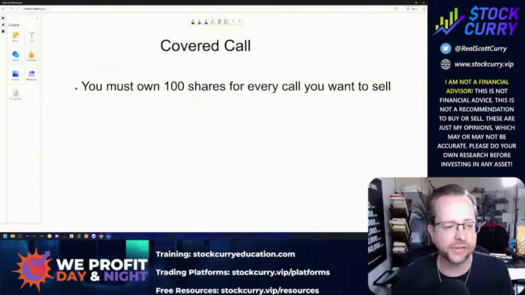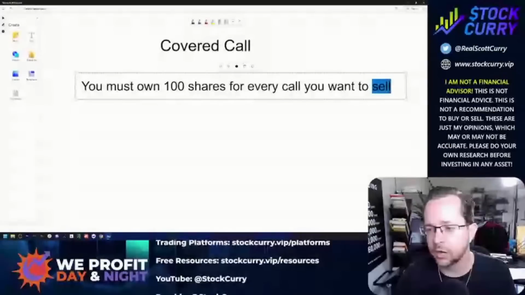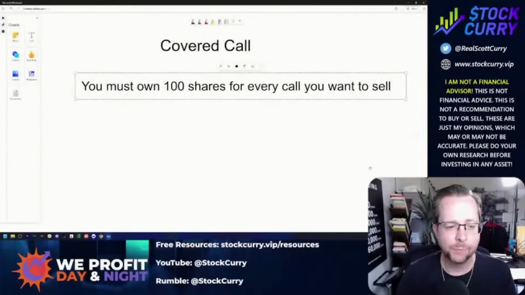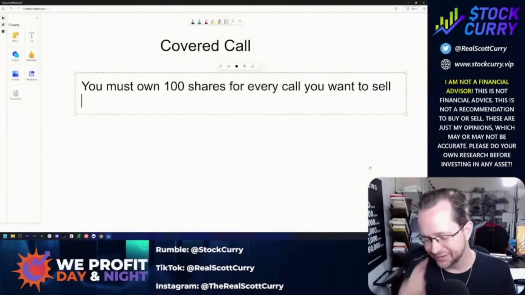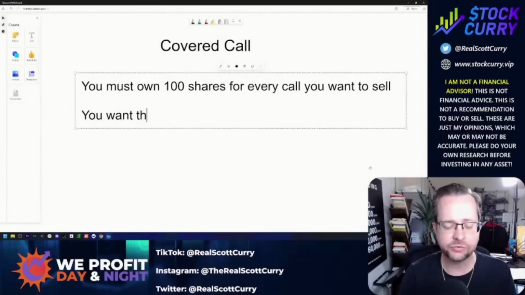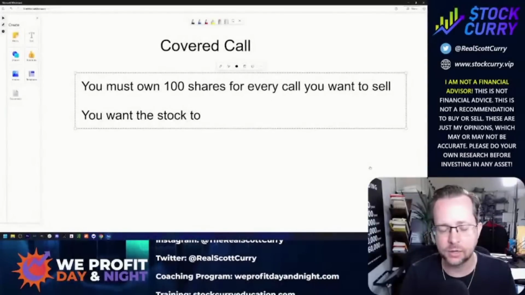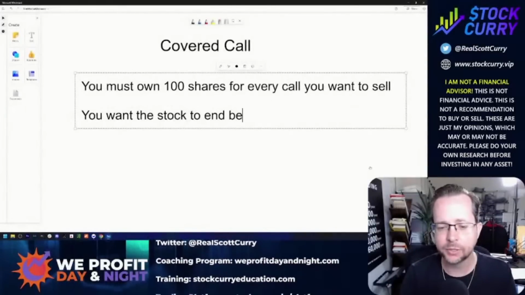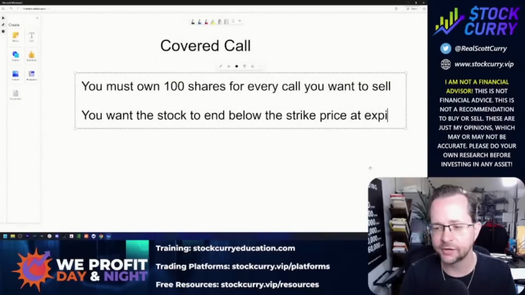And the way it works is this. When you are doing a covered call, what you want to have happen is you want the stock to end below the strike price at expiration.